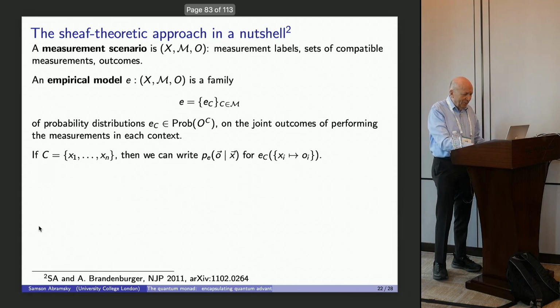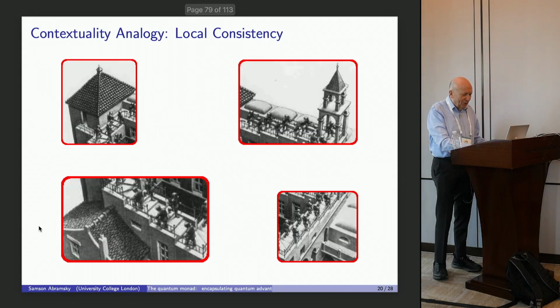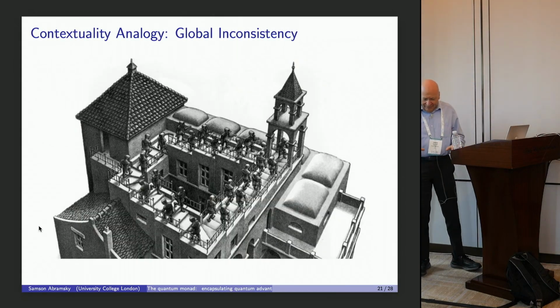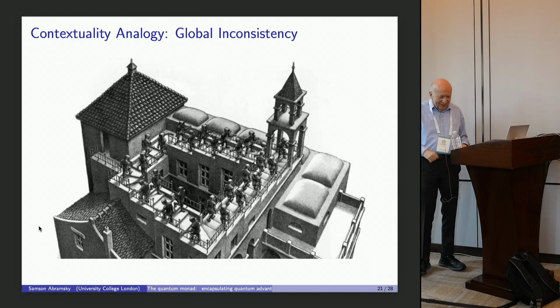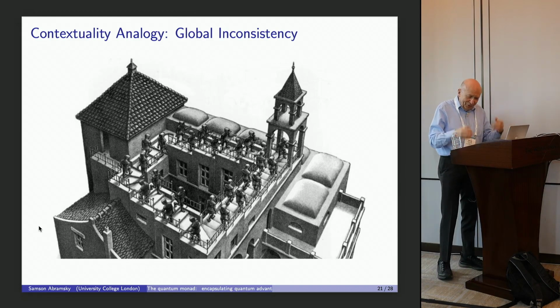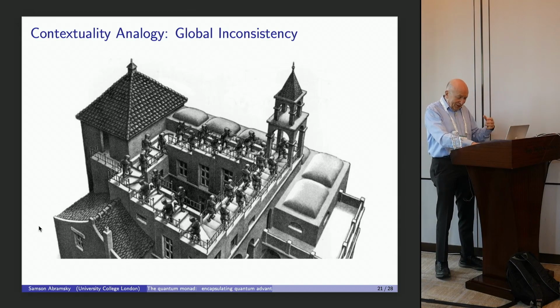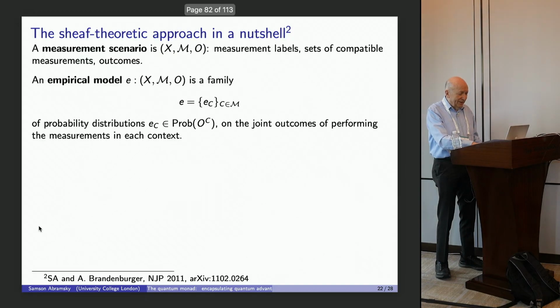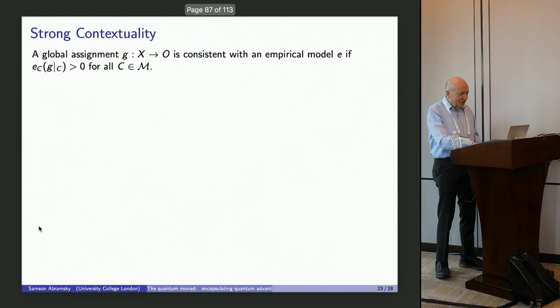This is a very important point about the quantum story. That's why you get the same projector or effect appearing in many different measurements and getting consistent statistics according to the predictions of quantum mechanics. So this is the local consistency.